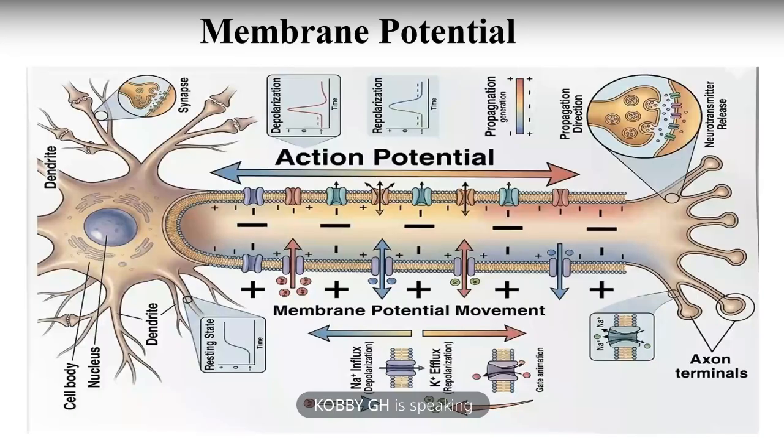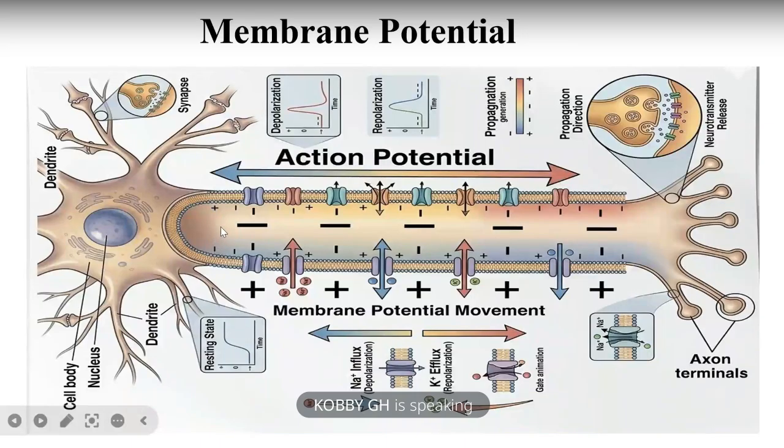Listen carefully. We said that when the neuron is at rest, the inside is negative and the outside is positive. Now, if the impulse has to move, or action potential has to occur, the outside that is positive has to come inside for the inside to become positive.